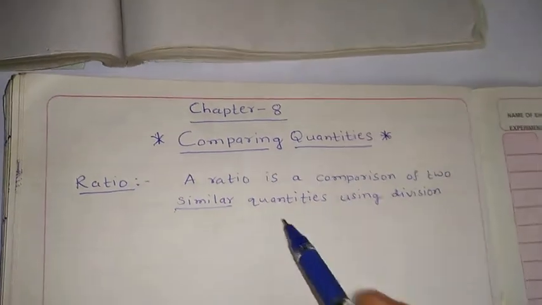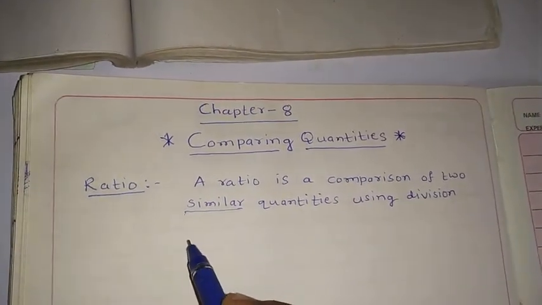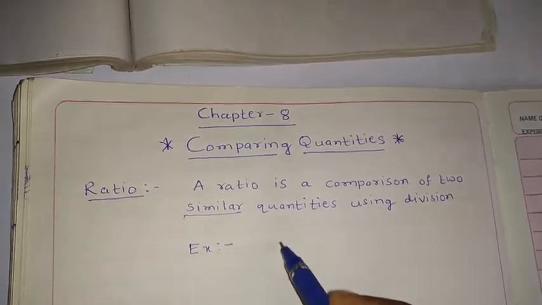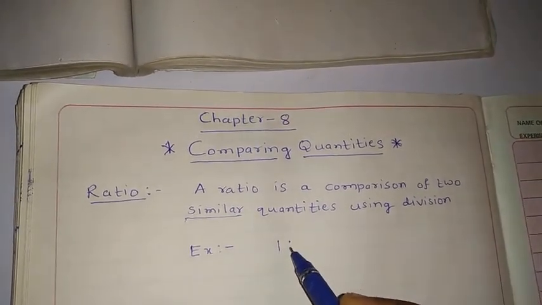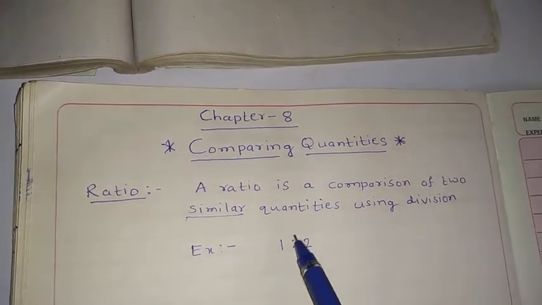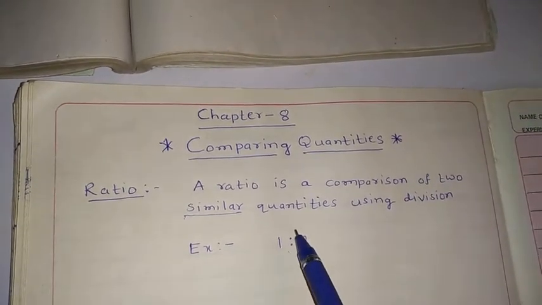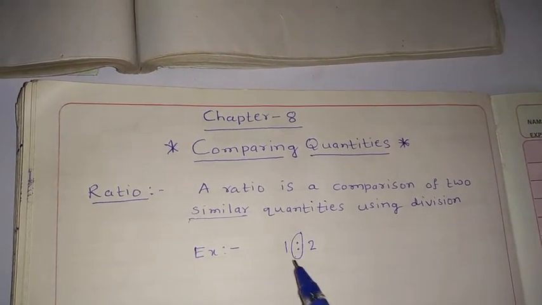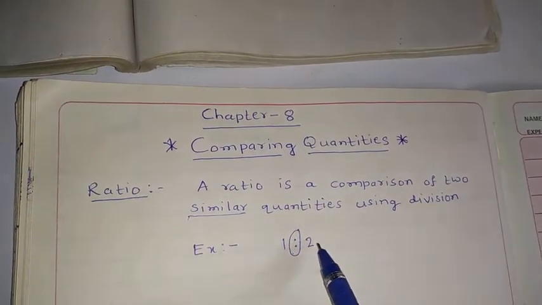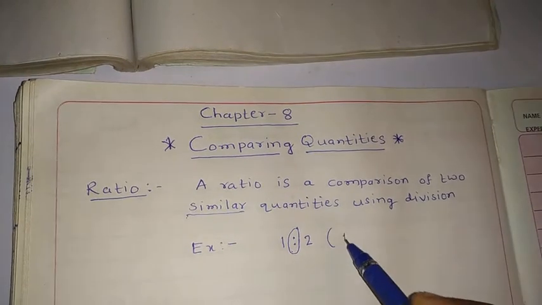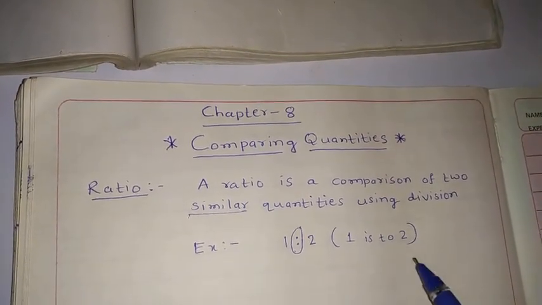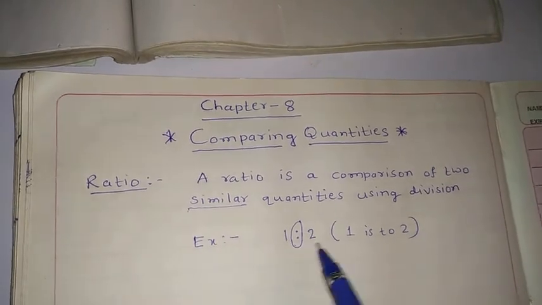See here. If I write one example here, 1 is to 2. This symbol indicates the ratio symbol. So here, 1 is to 2. How to read this one? 1 is to 2. So this is the method to read the ratio.